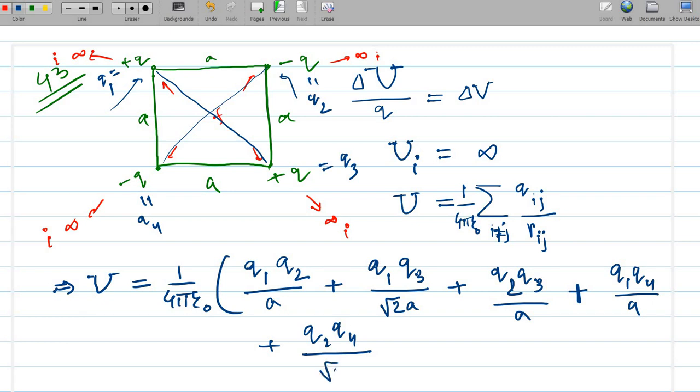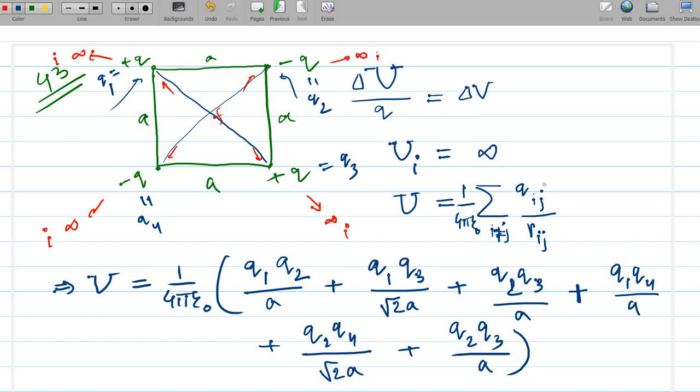And of course you have to consider Q3, so Q3 Q4 divided by A. So as you can see, naturally we have considered all the terms.